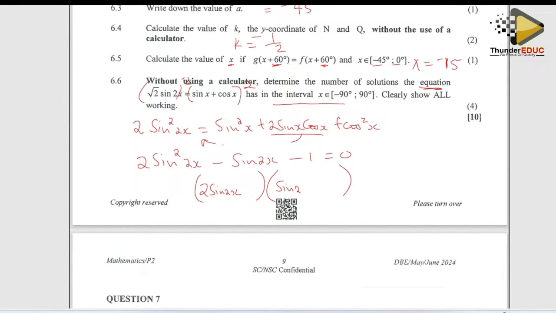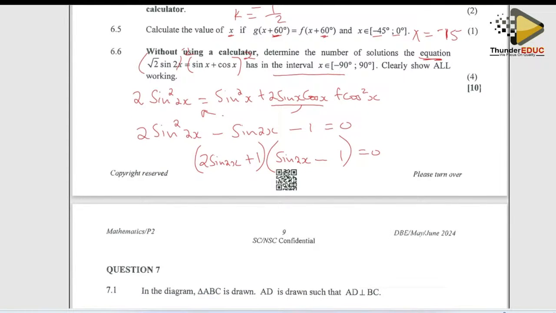This is a sine 2x. If I put a 1 here, this has to be negative, this has to be positive. Then sine 2x is a half. 4 sine 2x is 1.